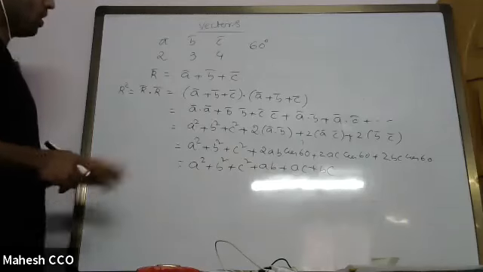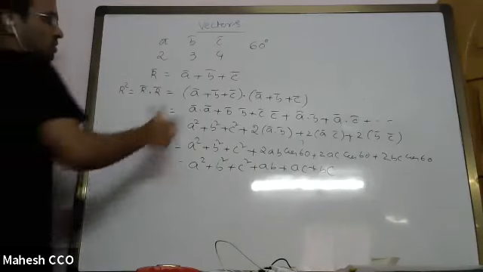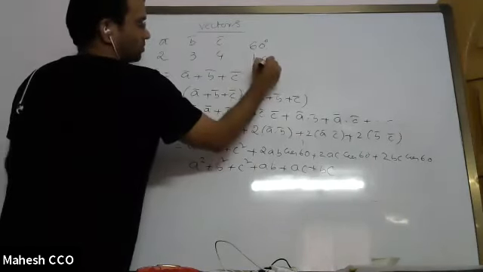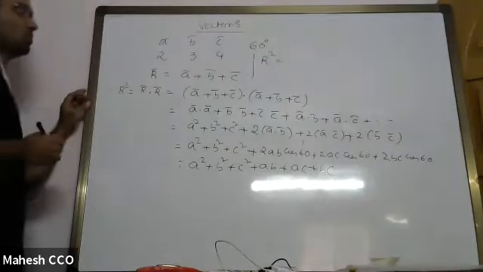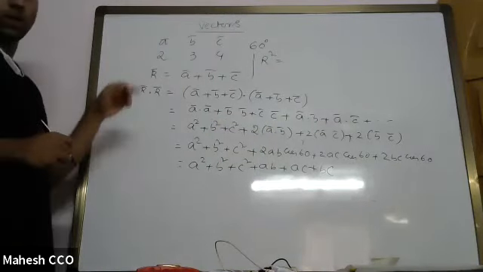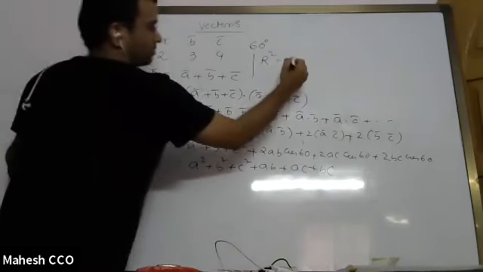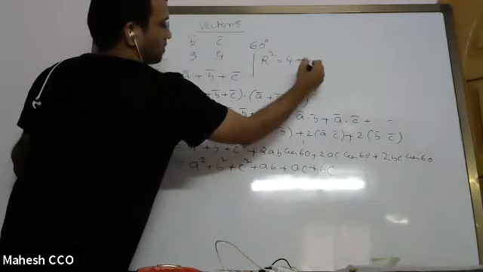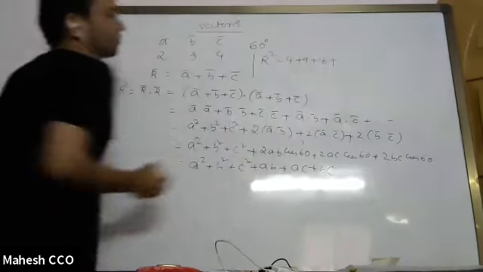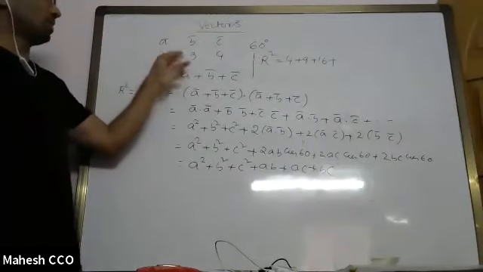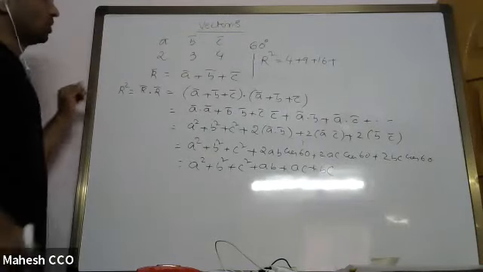All these things are known to us. So therefore R square is equal to 2 square plus 3 square plus 4 square, which is 4 plus 9 plus 16, plus 2 into 3 plus 3 into 4 plus 2 into 4. 2 into 3 is 6.